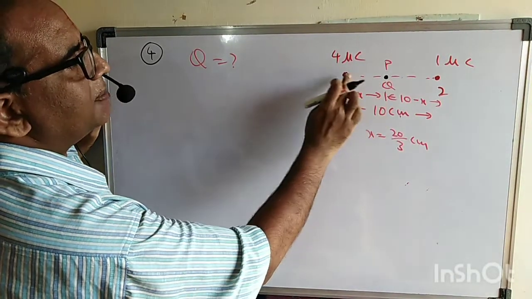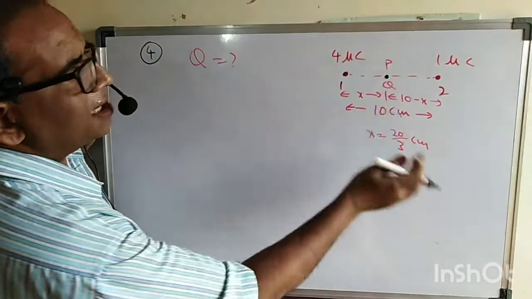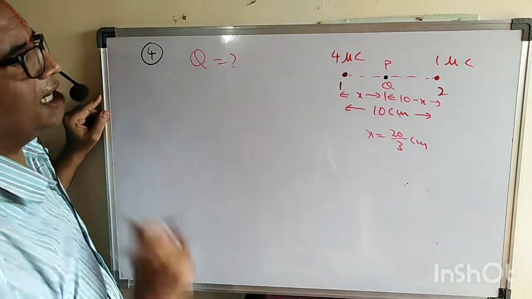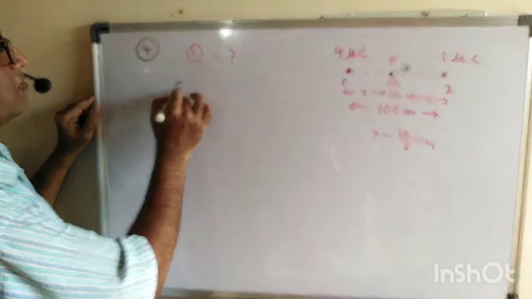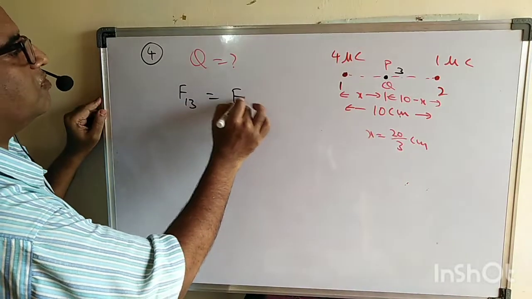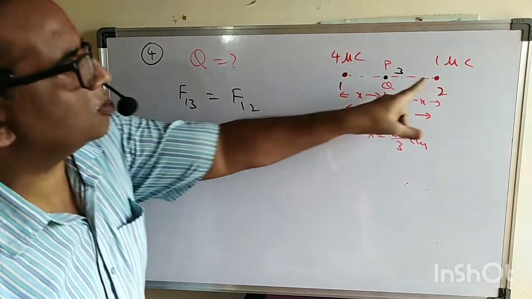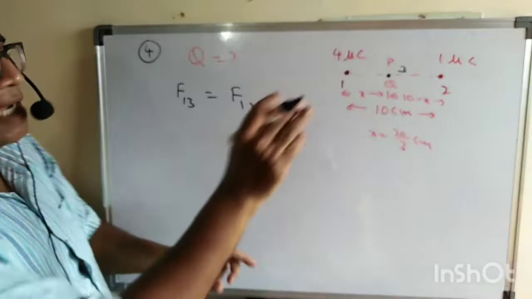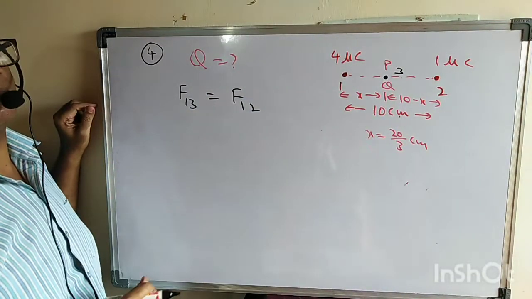It will be attracted by this one, but at the same time these two are repelling, so that attractive and repulsive force will cancel. So this one I will call 3. So I will write F13 must be equal to F12. The force acting between 1 and 2 must be equal to the force acting between 1 and 3. In that case only, the middle one will be in equilibrium.